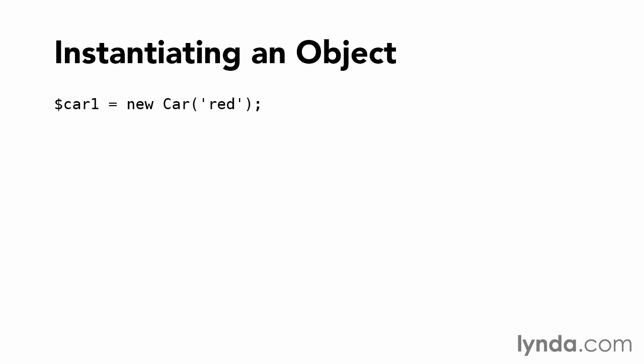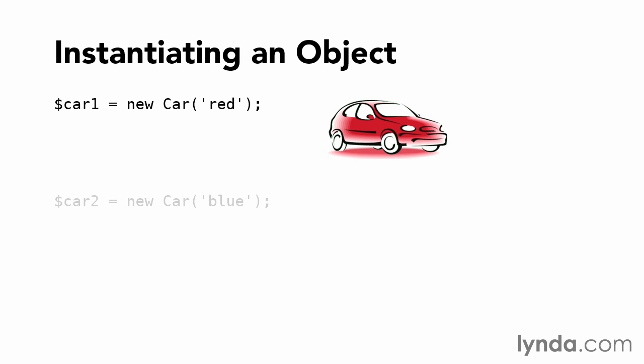The constructor method has the same name as the class, and it often accepts one or more arguments to initialize the object's properties. In our very simple example, we're passing red as the argument to the constructor, and we get a red car. You can create more than one object from the same class, so this creates another car.